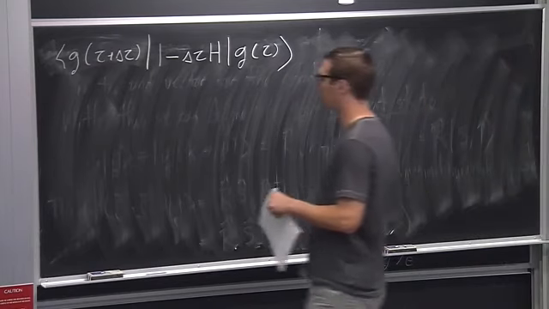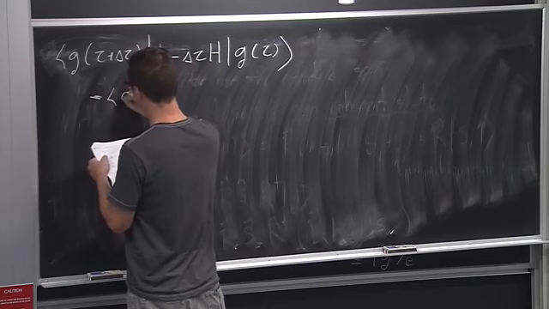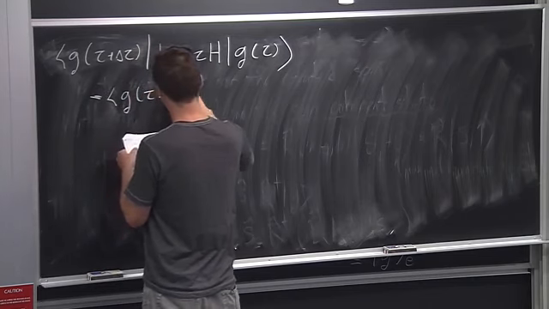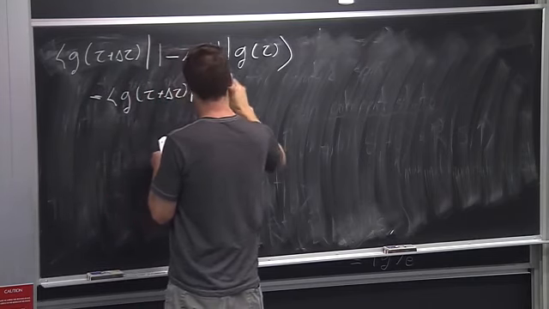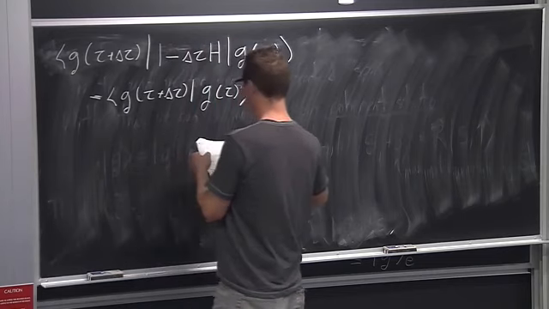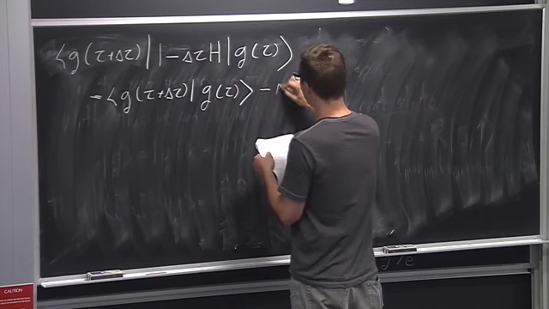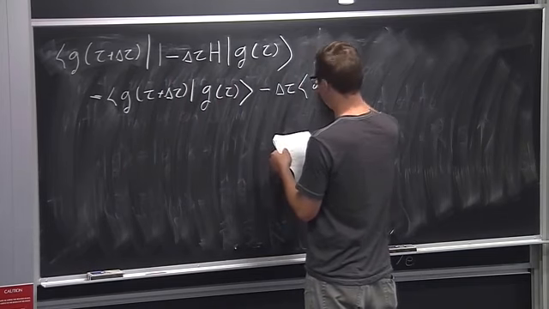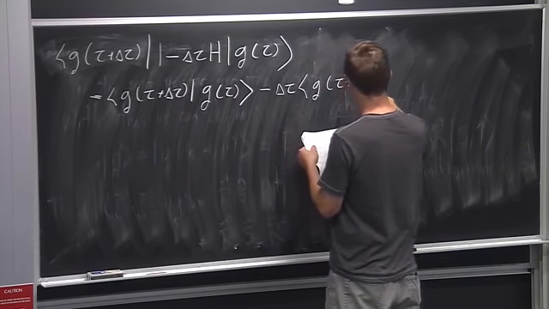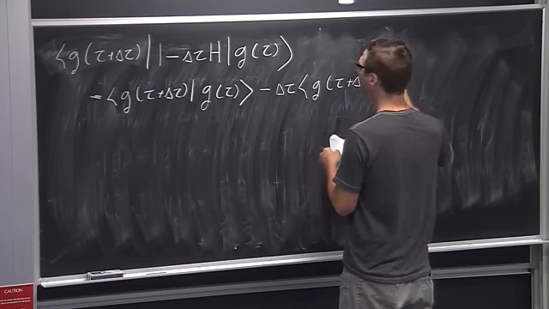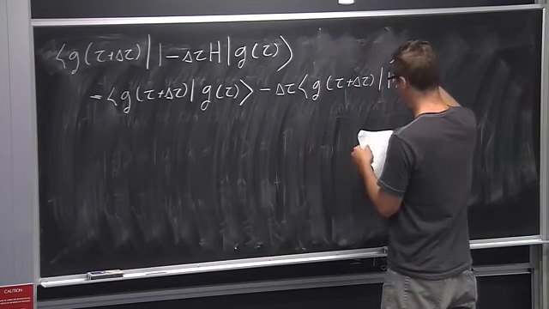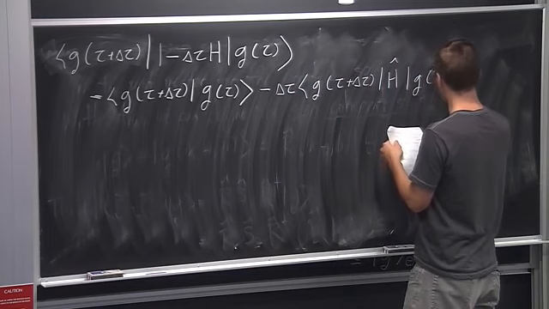So let me write this matrix element out. That's the first term. That's 1 minus delta tau Hamiltonian G tau.